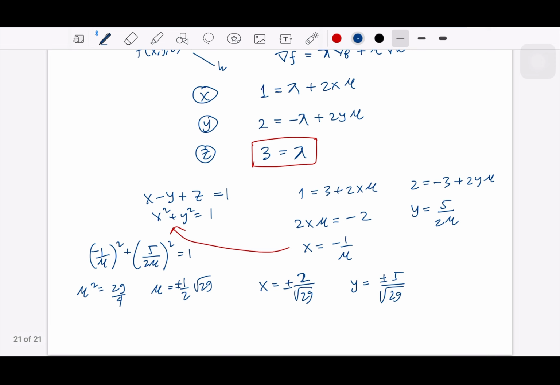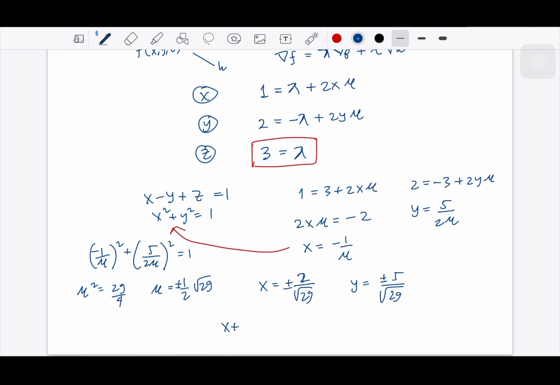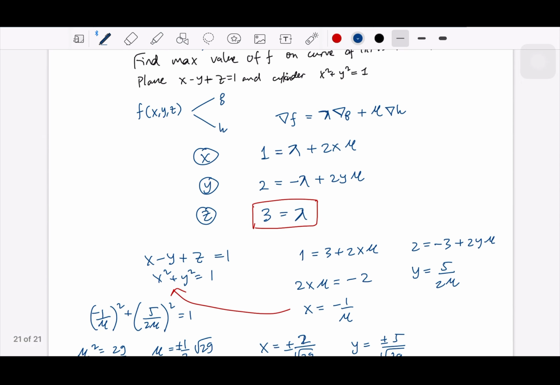And then we can use this to plug into our function f = x + 2y + 3z. So f will be equal to plus or minus 2 over square root of 29, plus 2 times plus or minus 5 over square root of 29, plus 3 times z.